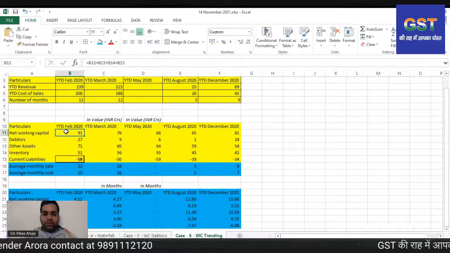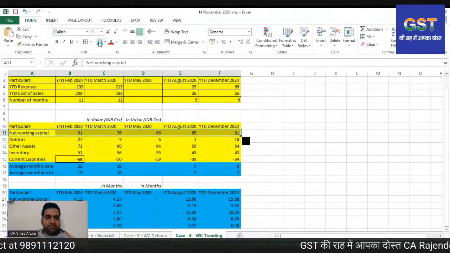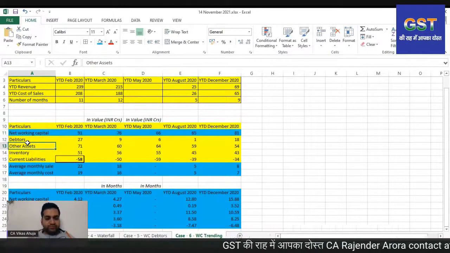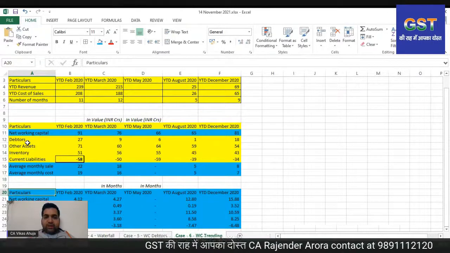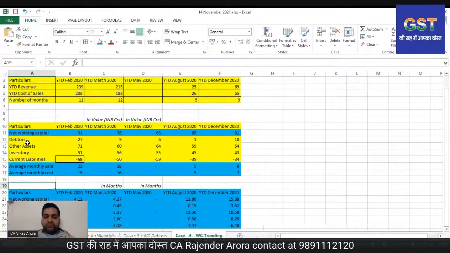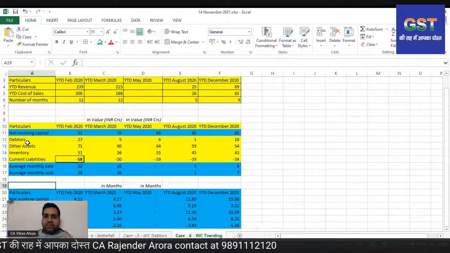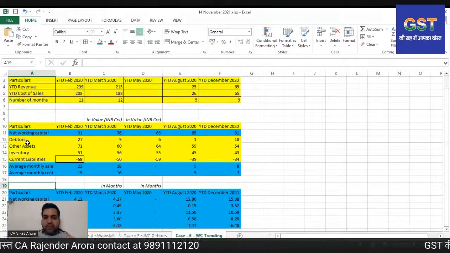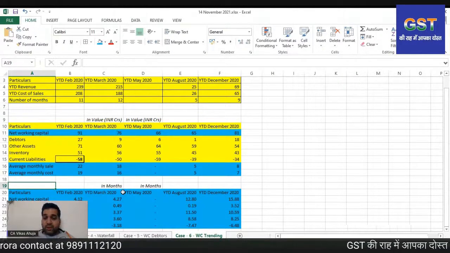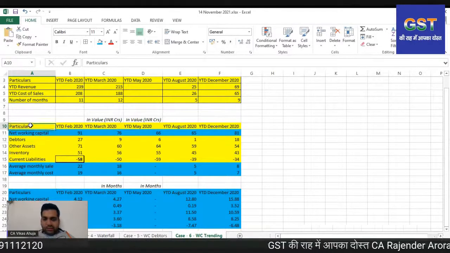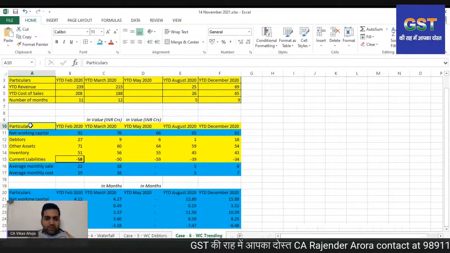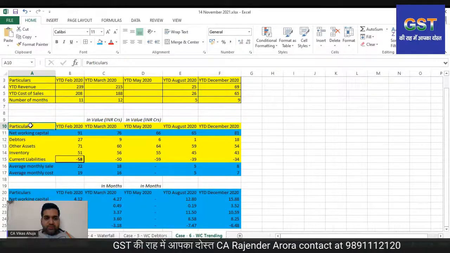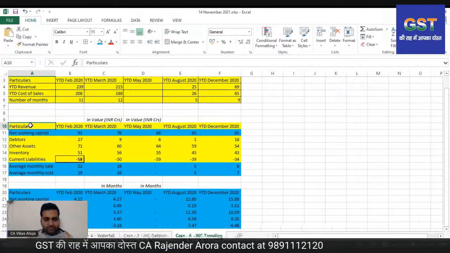Here I've calculated net working capital. And in the last table, I have calculated working capital and all the ancillary figures in months. So this is all in crores, and this is all in months. We'll make two graphs out of these two tables. Let's start with the first one first.